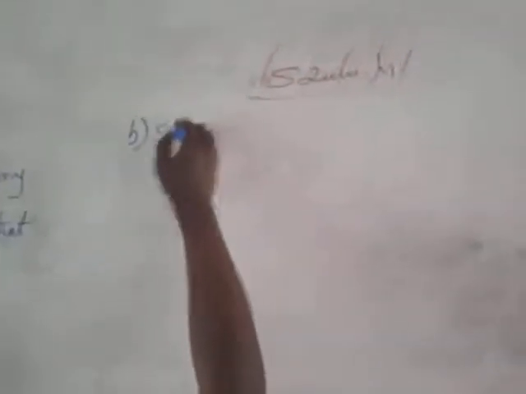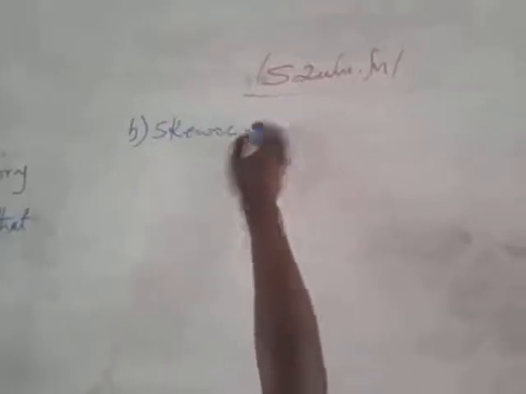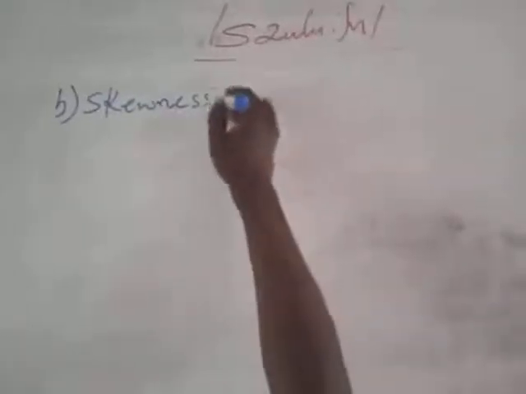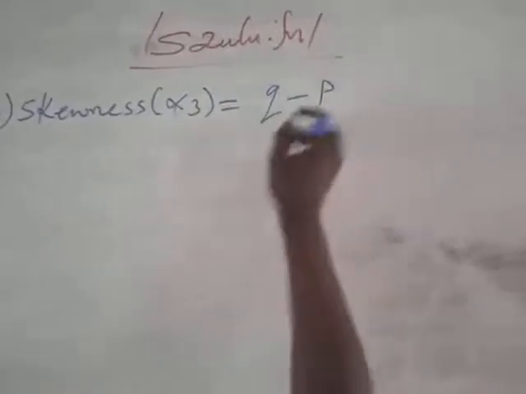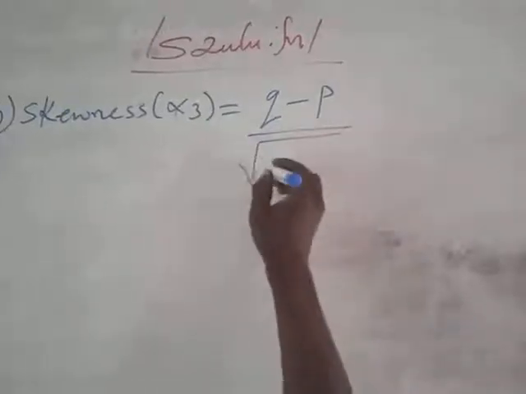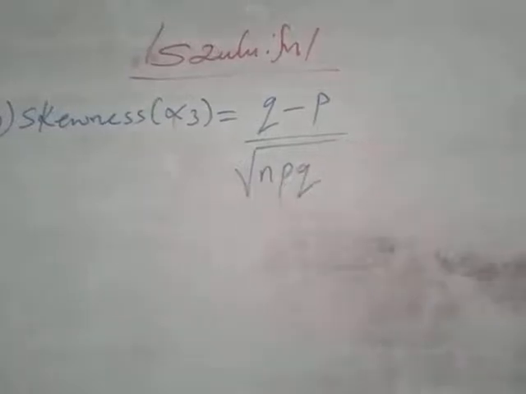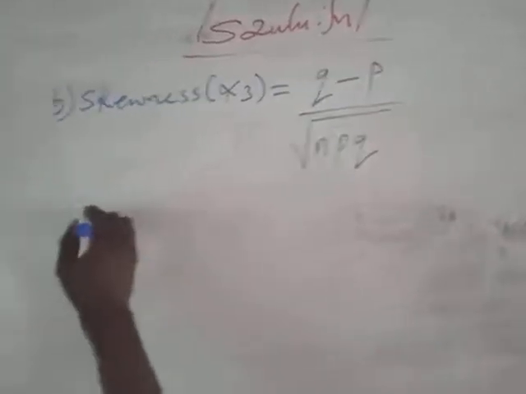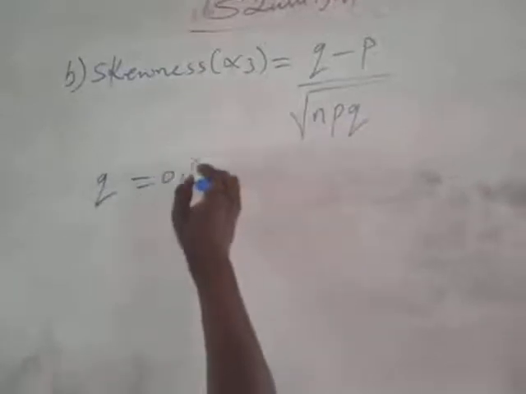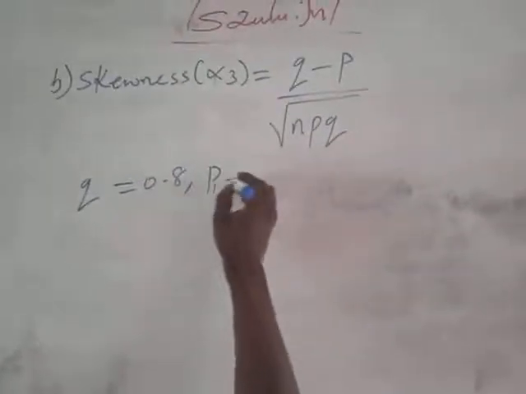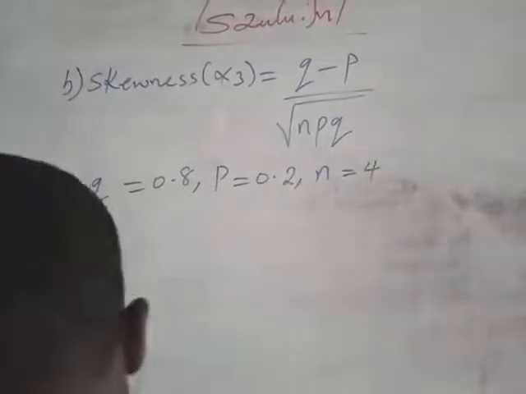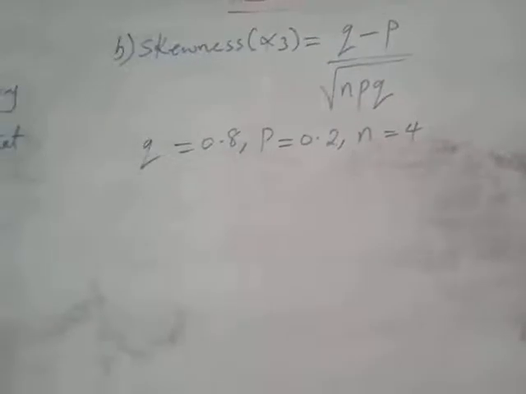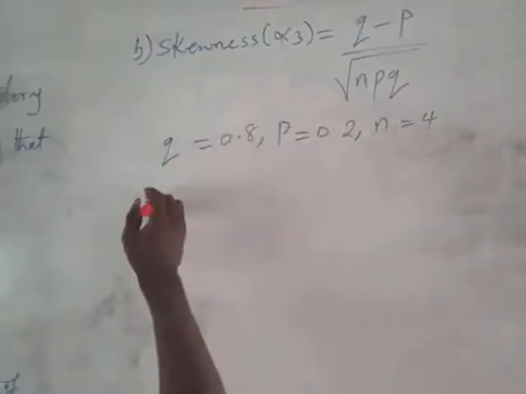Skewness, or coefficient of skewness, which is alpha 3, is given as q minus p all over square root of npq. So don't forget our q is given as 0.8 and our p is given as 0.2. Our n is equal to 4 from the question.